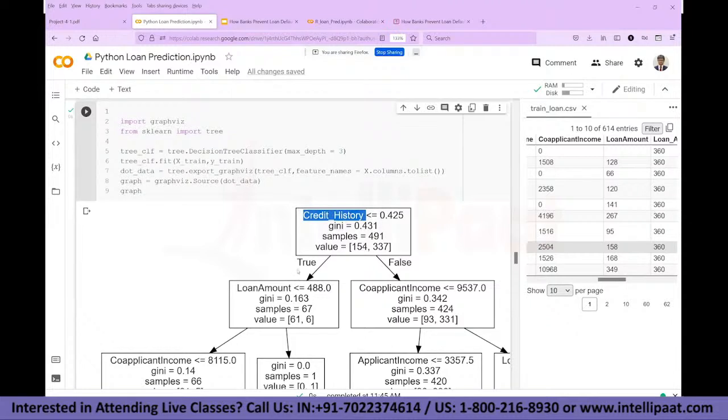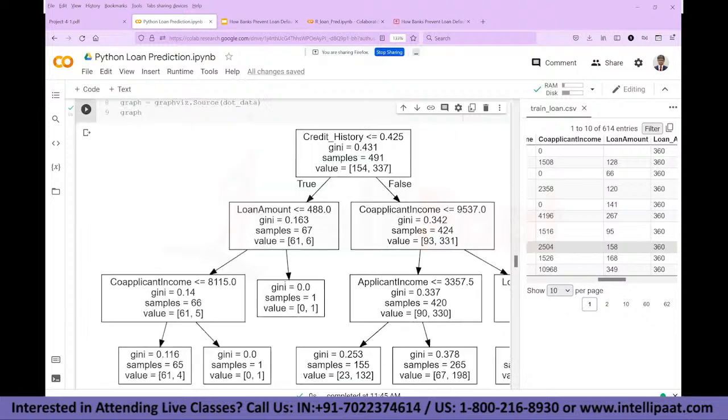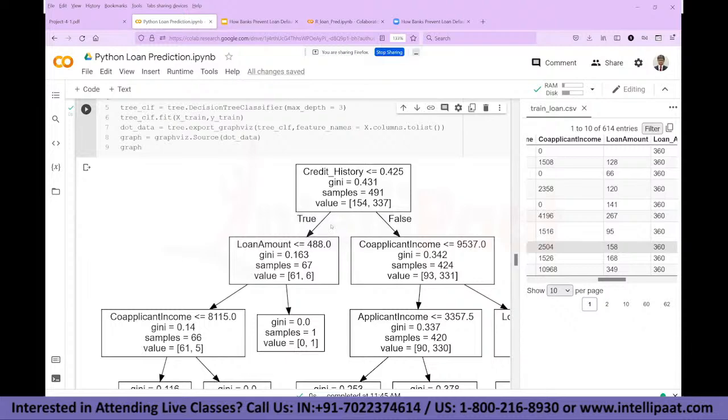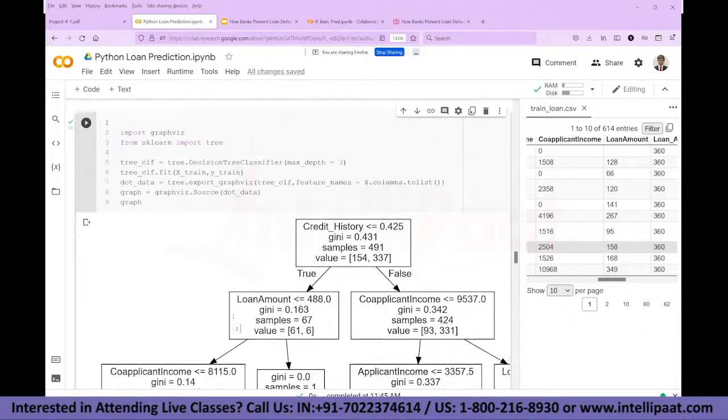Then based on the Gini index, I decide what should be taken next, whether it should be loan amount or applicant's income, and so on. The Gini index value keeps changing based on how the split happens on the node, right?